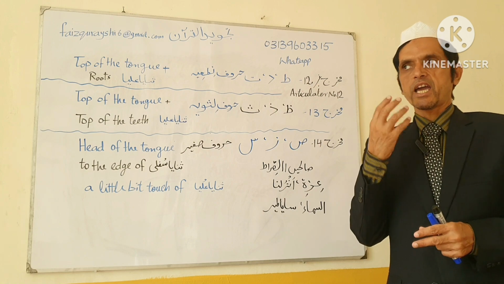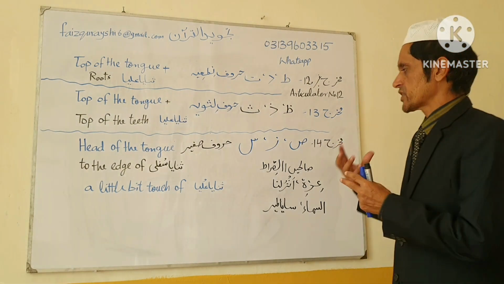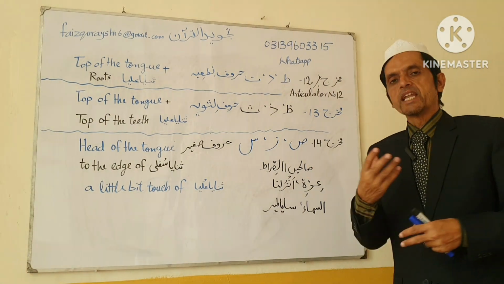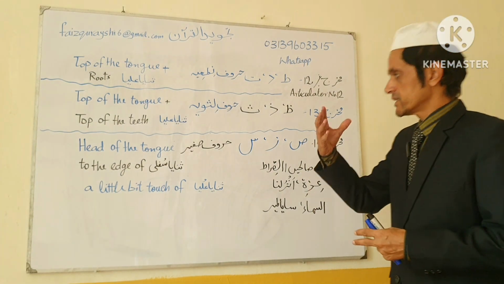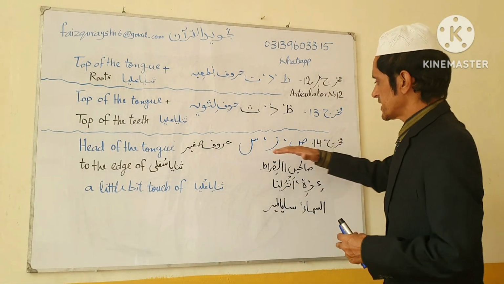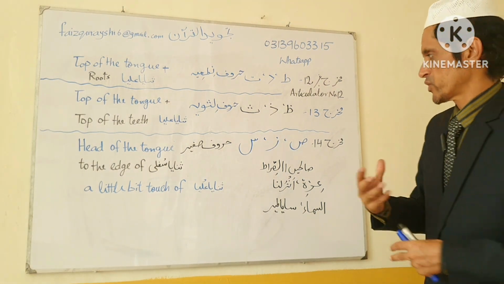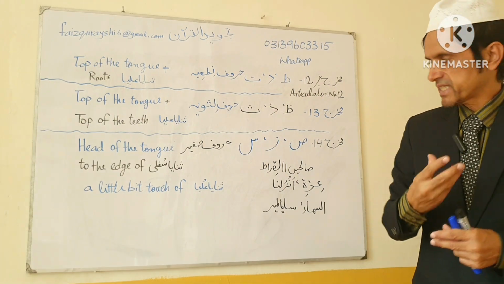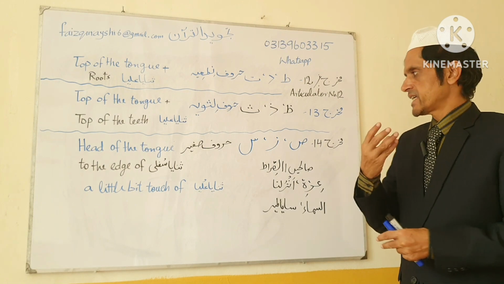For example, you have heard some birds making a sound like this. This kind of sound is called safir. So that's why these letters are called hurufi safir, because when we articulate these letters, this kind of sound is produced. Swad, za, sin.